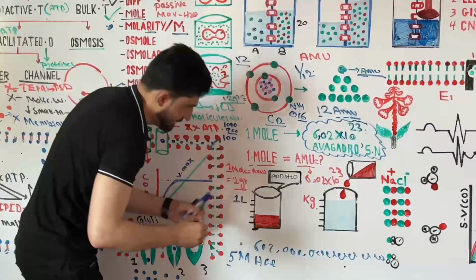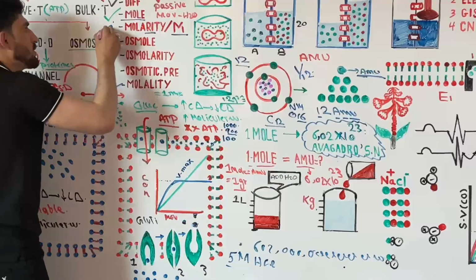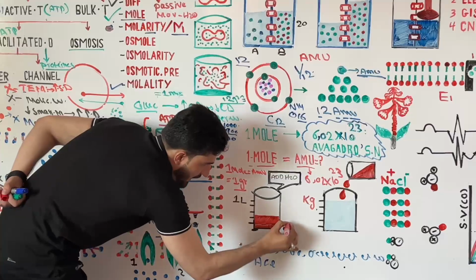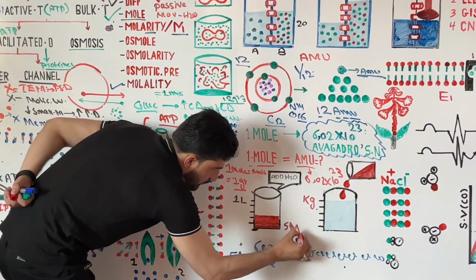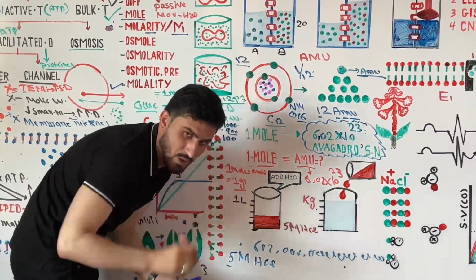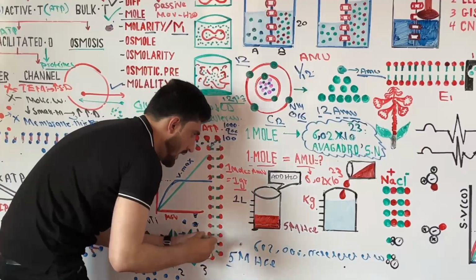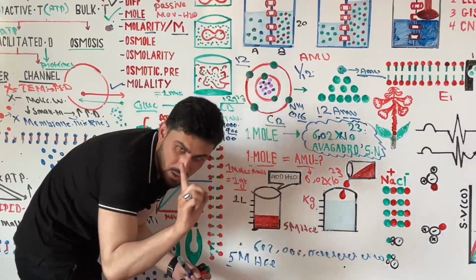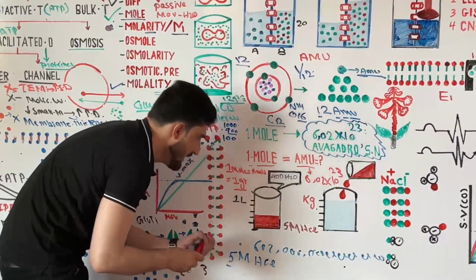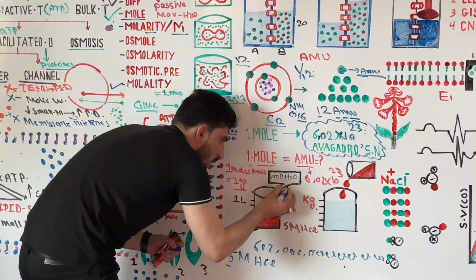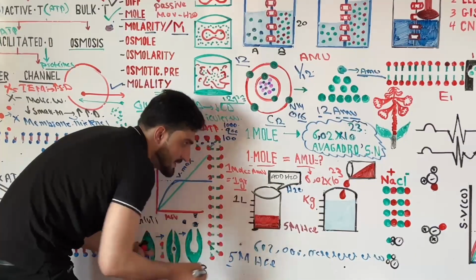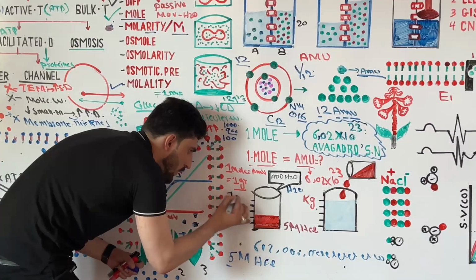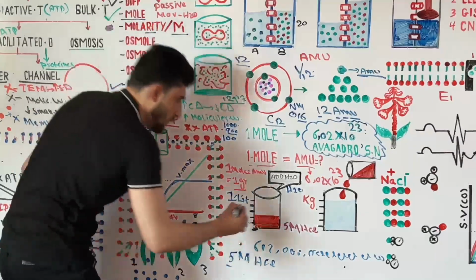Come here to the example, first of all about molarity. This is 5 mole of HCl. Firstly I put the 5 mole of HCl in this beaker. Then I will add water on this 5 mole of HCl till I reach the 1 liter mark.